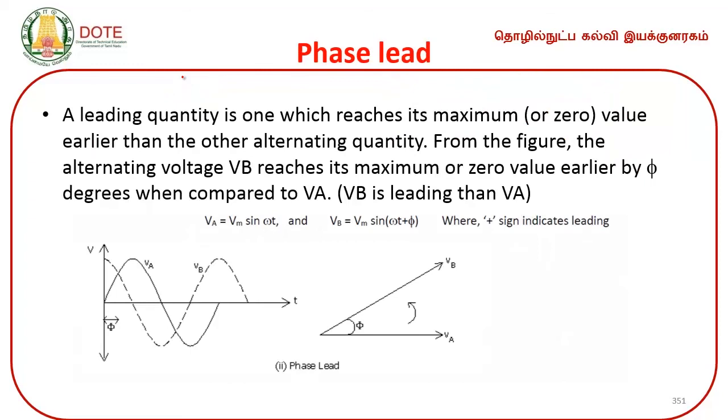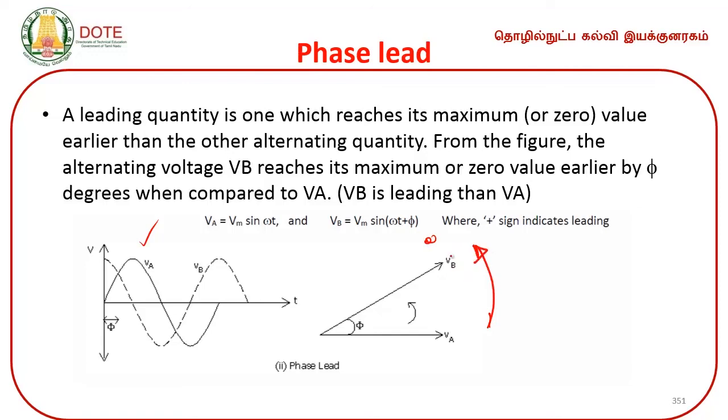Then phase lead. Now you can see in the earlier case VB is lagging behind VA by angle phi, whereas here VB is leading VA by angle phi. Now you can see this reference point is here, you rotate this in the anticlockwise direction.